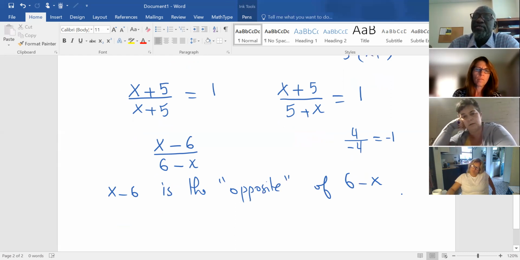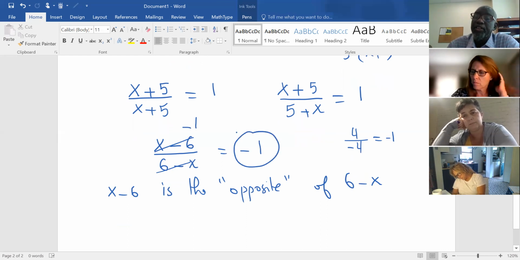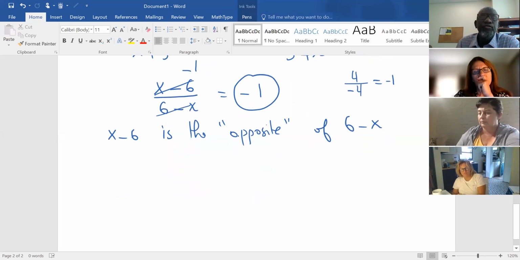We get -1. Every time we divide 2 opposites, we get -1. So when you cross out these 2, you have -1 left.